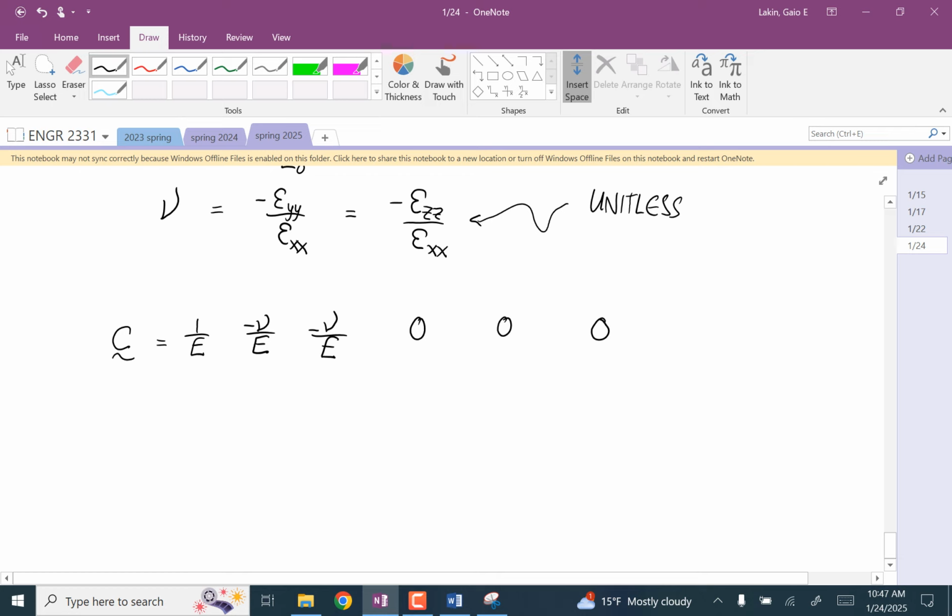So the next row is negative nu over E, 1 over E, negative nu over E, and then 3 zeros. And then the last one with this pattern is negative nu over E, negative nu over E, 1 over E, and then 3 zeros.